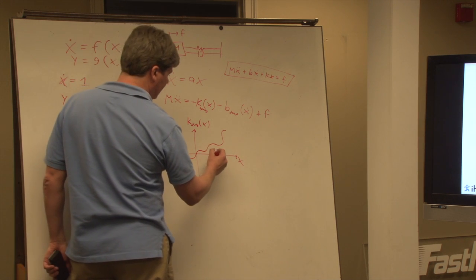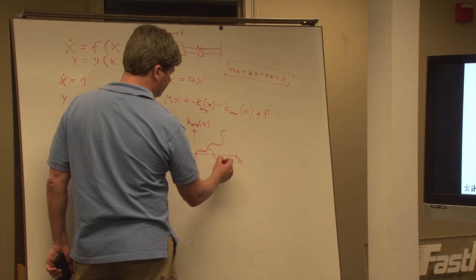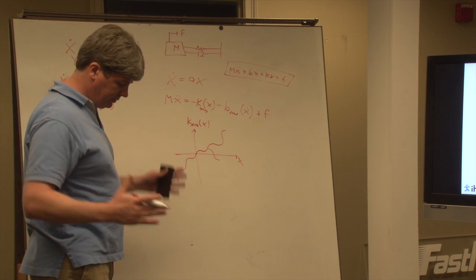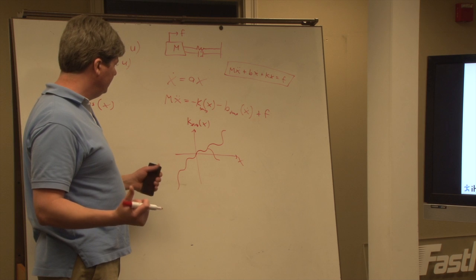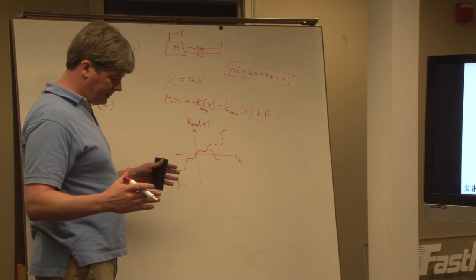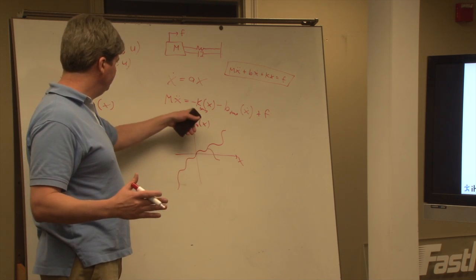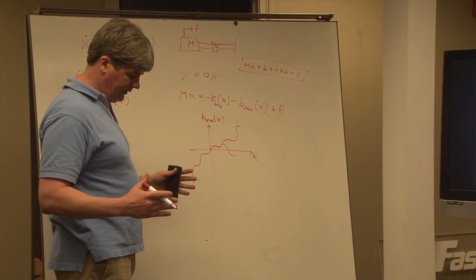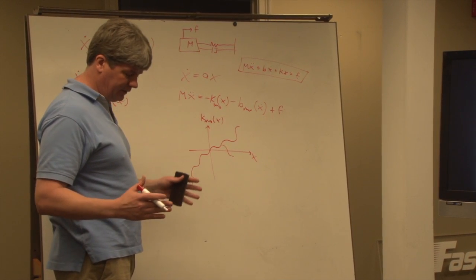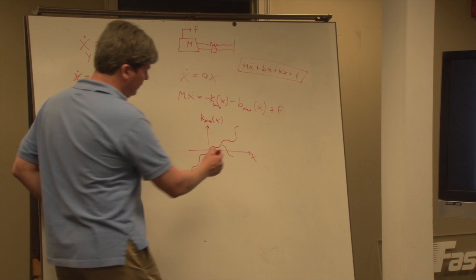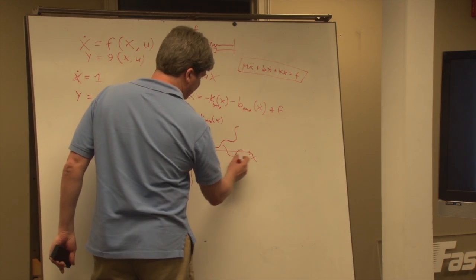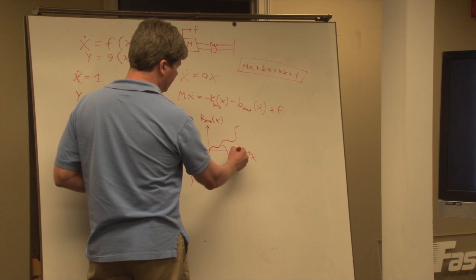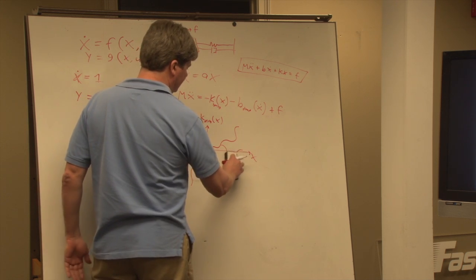This is drawn so that as you compress the spring, it pushes out. If your spring ever dips down like that, then you've got problems, because you're actually generating energy. It's kind of like a motor at that point.